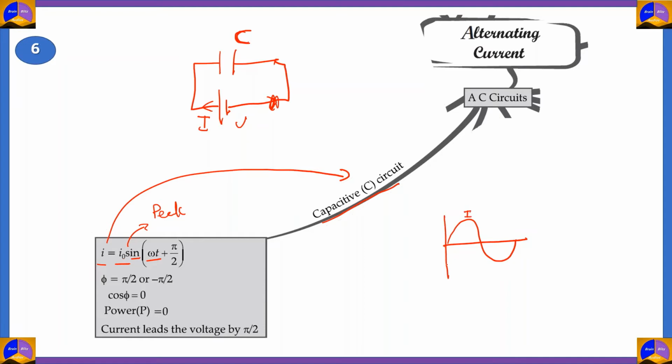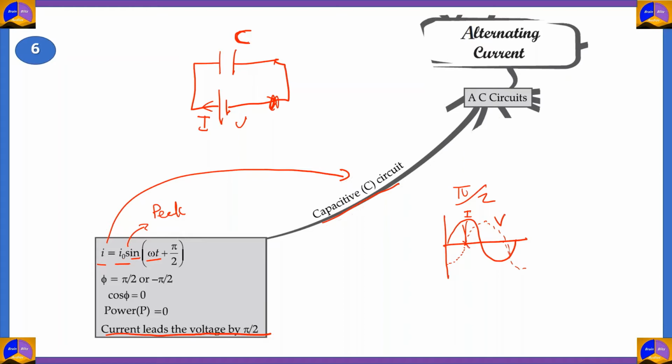This is I. So now we have the dotted line for voltage, and there is a difference of pi by 2. So now you see current is moving ahead of voltage. And so current leads the voltage by pi by 2.